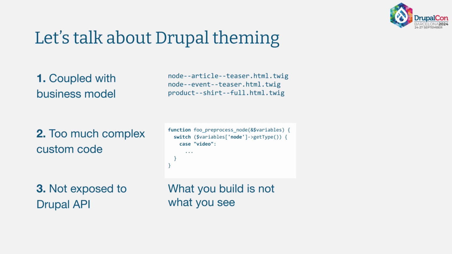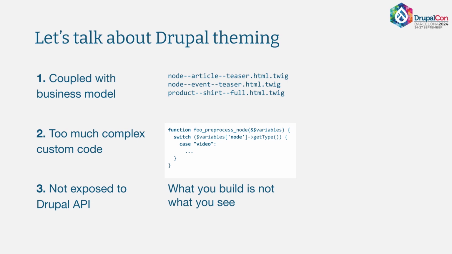And the second problem we think is that we have too much code inside the theme. So preprocess functions probably, and theme suggestions and a lot of custom code inside your theme, which is also coupled to your business logic. And the third problem is that theming is not done like other parts in Drupal.